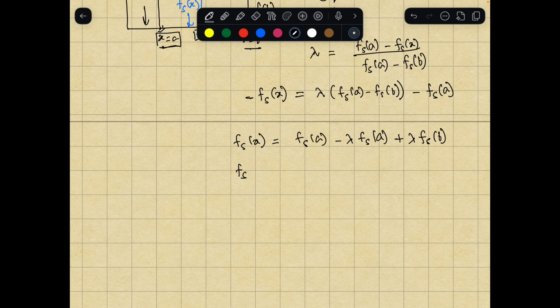We can simplify: fs of x equal to fs of a times (1 minus lambda) plus lambda fs of b.